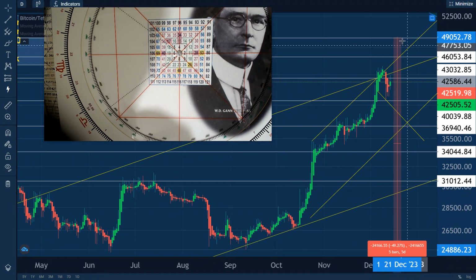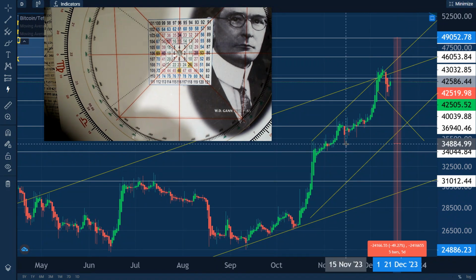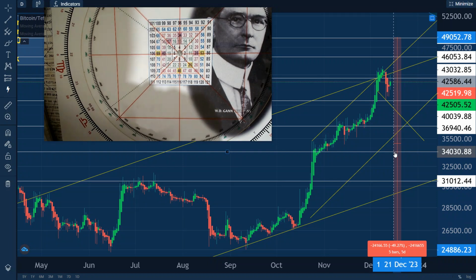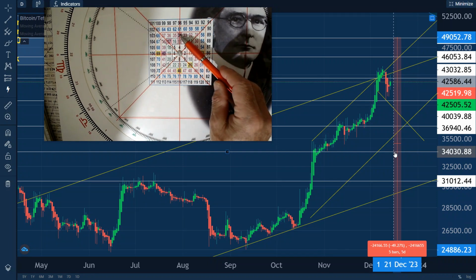It's exactly this top. Look, guys, look at this. It's sitting on these old bottoms right here. And it's right by our square at 34 here. This is a major level.